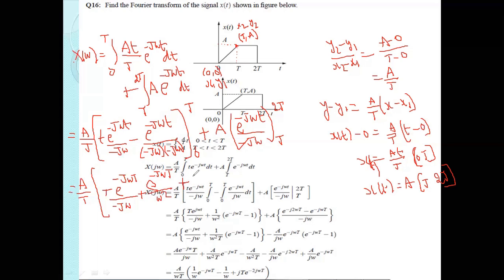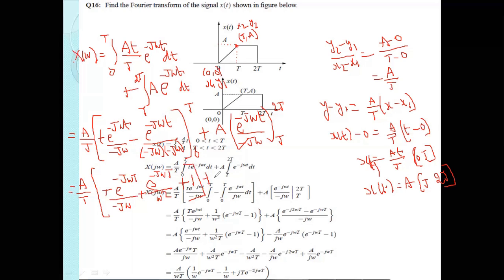Plus, now substitute the 0: the third term becomes 0, and the minus into minus is a plus, and j square into j square gives a minus, that becomes plus 1. E power j omega into 0, the value is 1.